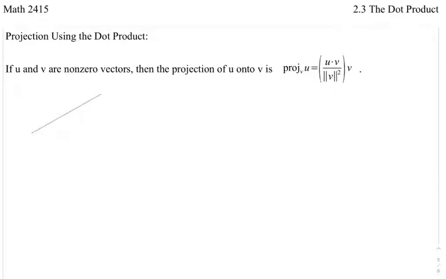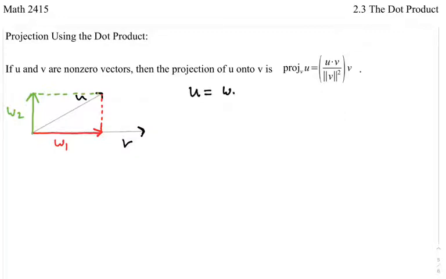We're going to look at coming up with this formula a little bit differently. Here's vector u and vector v. There is the projection of u onto v, w1, and then our orthogonal component, w2. So vector u is equal to w1 plus w2.